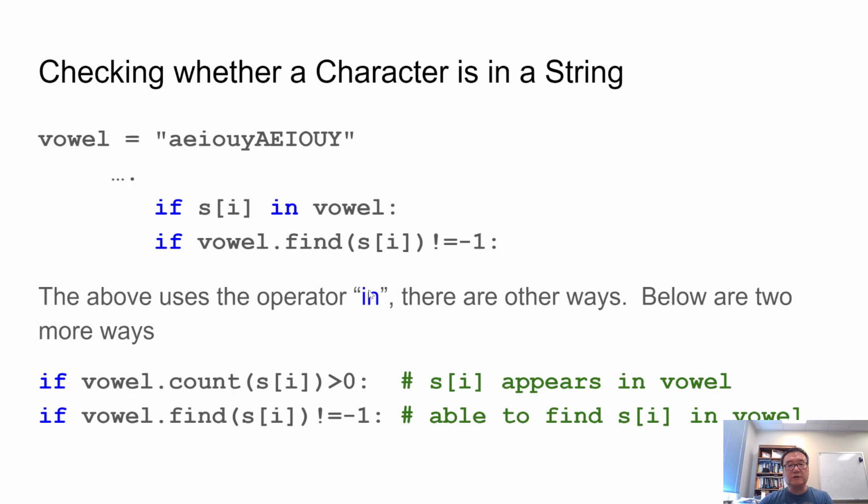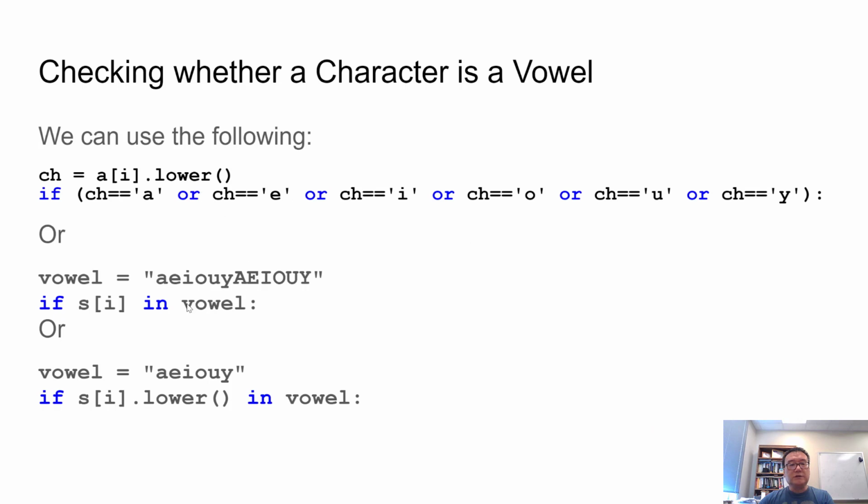All of these are equivalent for our purposes of checking whether a character is in a string, so they can all be used. And there's yet another slight variant. Instead of listing the 10 characters, we only list the lowercase ones, and before we check, we convert the character to lowercase, and then we do the check.